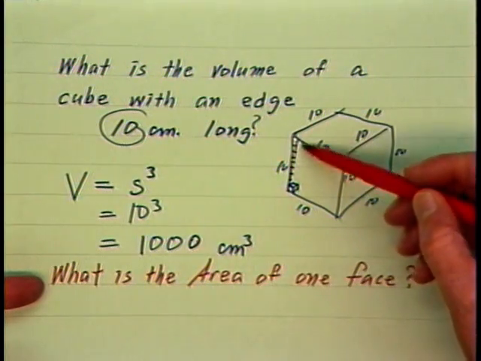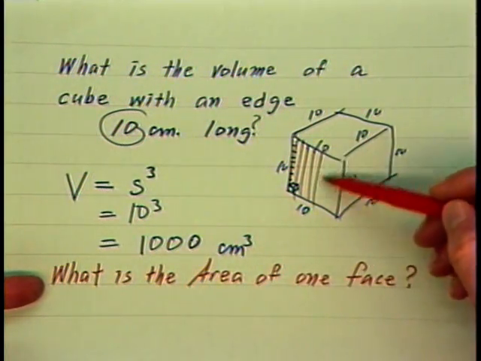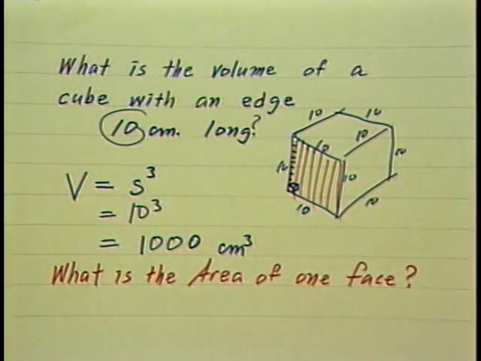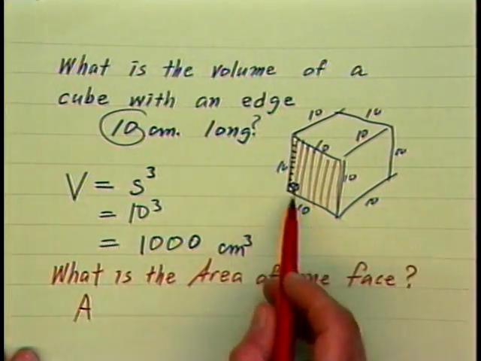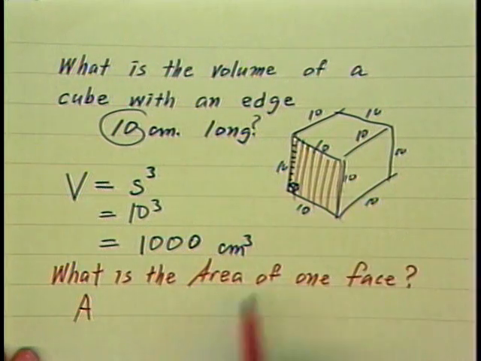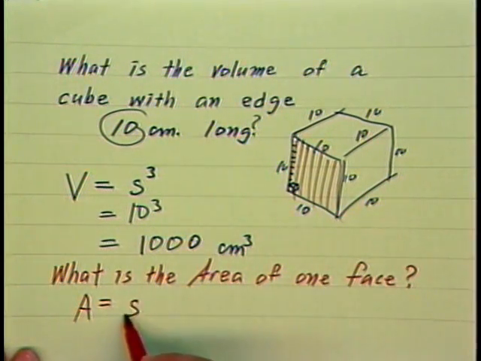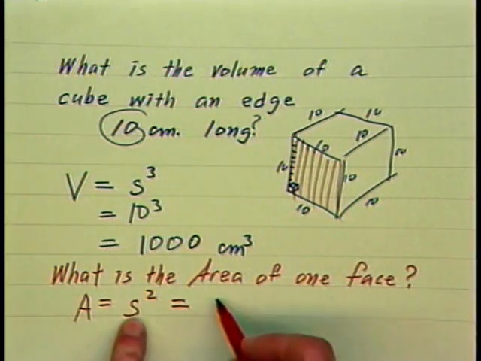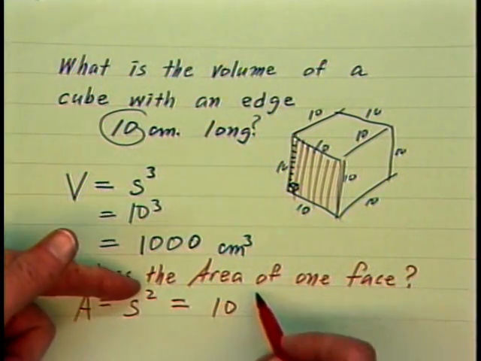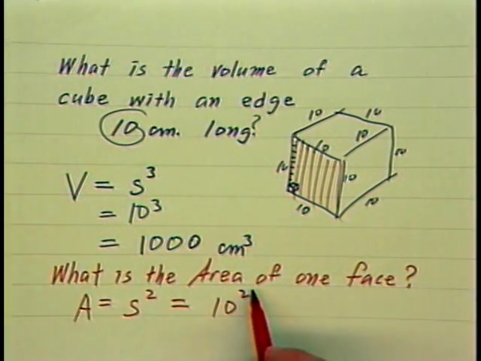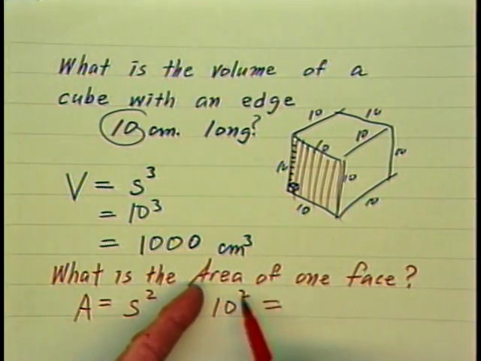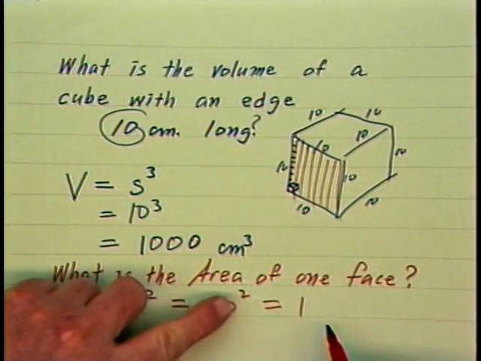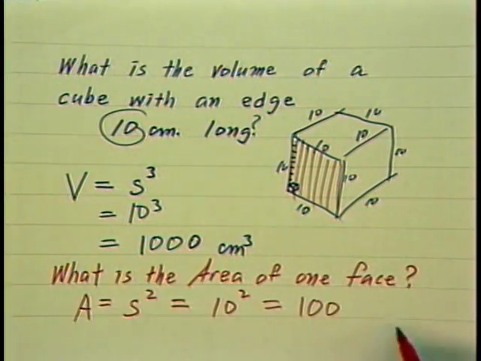We could also ask concerning this cube, what is the area of one of its faces? And of course they all have equal area. The formula we just had said that the area of a square, and each of these faces is a square, is the length of a side squared. So in this case, the length of a side is 10 squared. This means 2 10s being multiplied, or by using our shortcut power of 10, a 1 followed by 2 zeros.